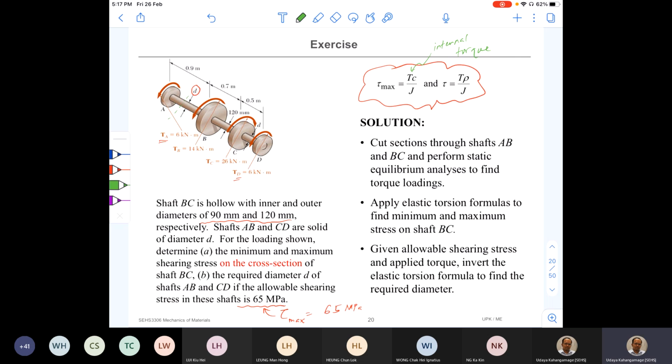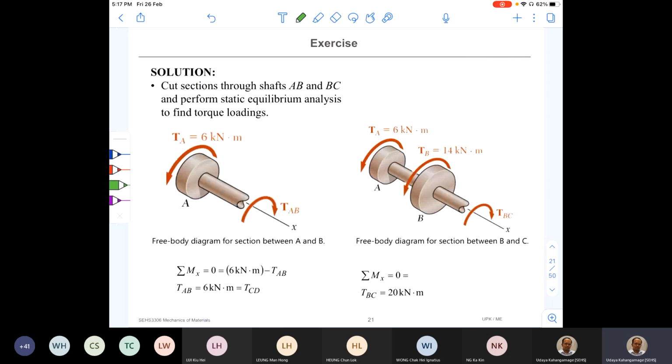Let's say we cut from here, take out the cut portion and draw a free body diagram. Once you draw the free body diagram, you see the internal torque and then you can quantify that. Same thing we can do for the section BC. Cut the member from B to C and again draw a free body diagram and you can find out TAB, that is the internal torque.